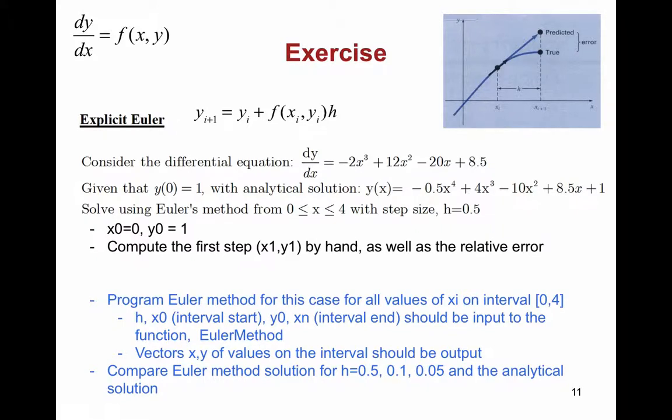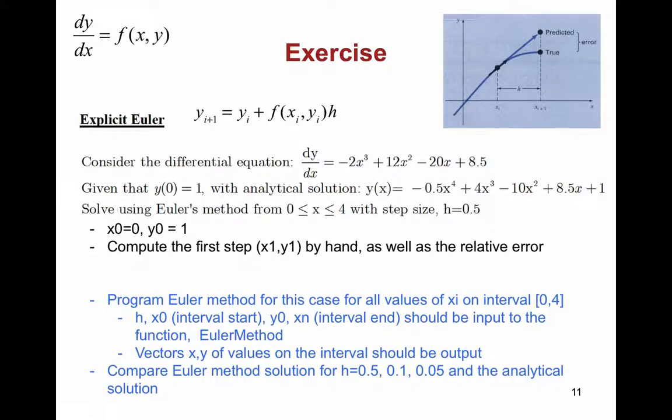Now I want you to program this. So I want you to create a function, Euler method, and that function will take h as an input. It will take x0, y0, which is my initial point that I'm starting from. And then what is my interval end? I can go for x until 3, 4, 5.